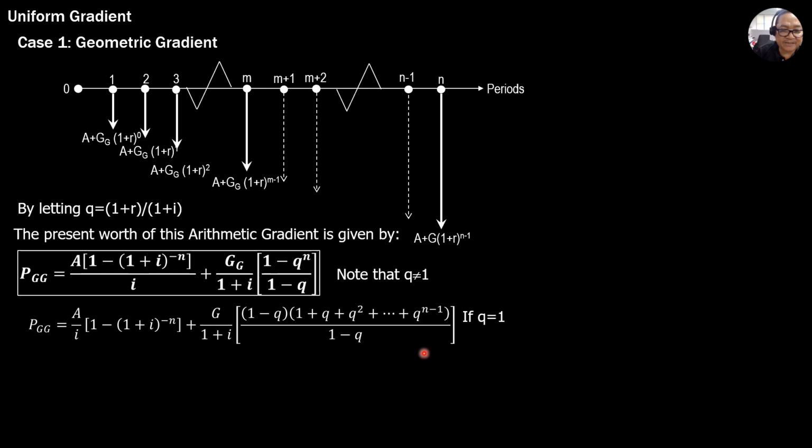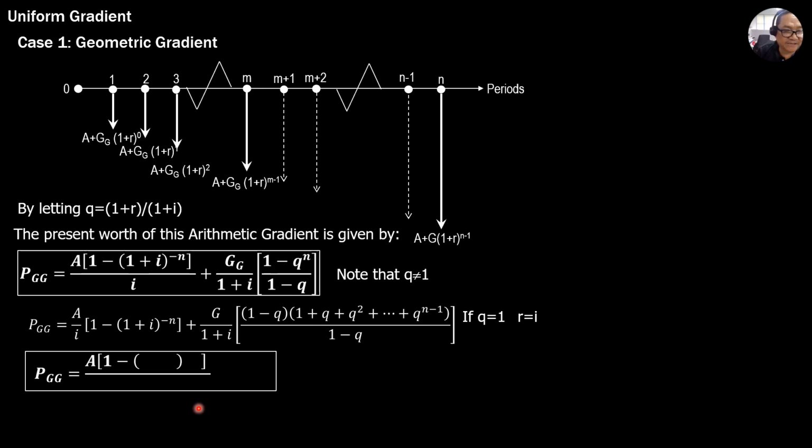So if Q is 1, R is I for that case. So 1 plus I over 1 plus I, that means R is I. Then the present worth of this geometric gradient would be reduced to G sub G times n over 1 plus I, because this is just replaced by n.